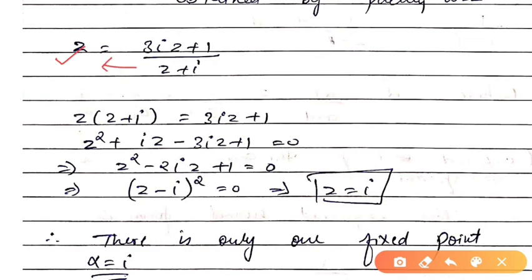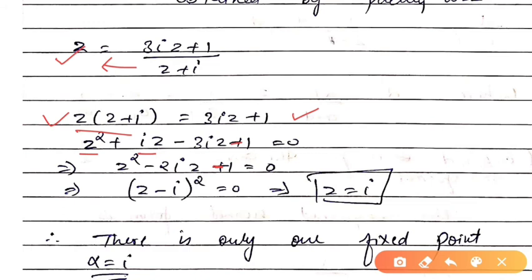So z into (z plus i) equal to 3iz plus 1. I will multiply this, so I get z square plus iz minus 3iz minus 1 equal to 0, okay?